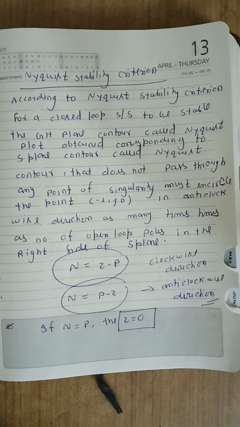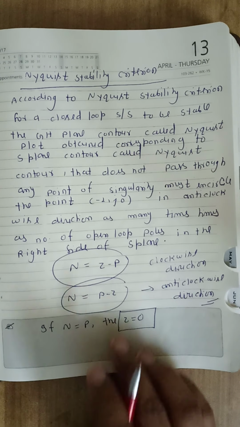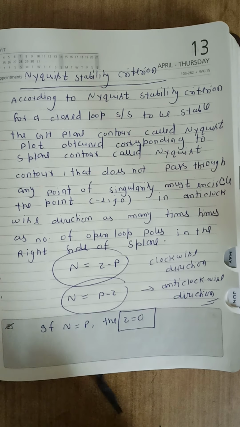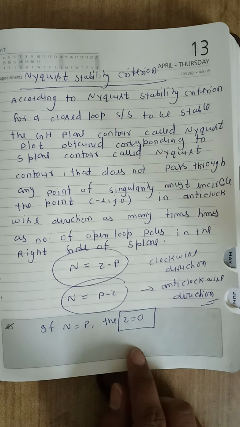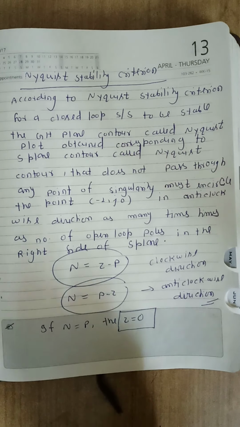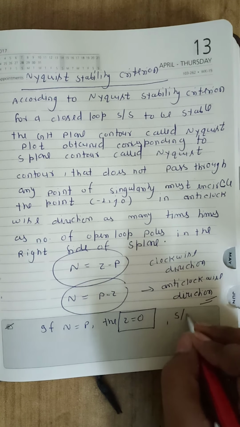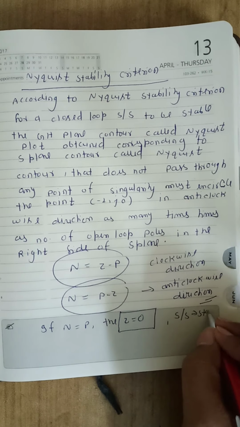Already I have told you relations between poles and zeros for open loop transfer function, closed loop transfer function, and characteristic equation. So if z becomes 0, that means there is no pole for the closed loop system in right side of S plane. So in this case, system is stable.